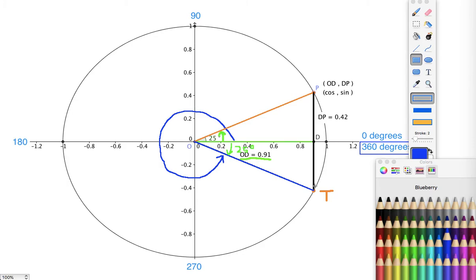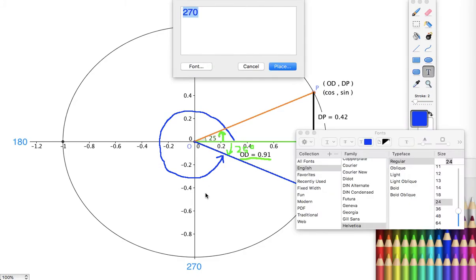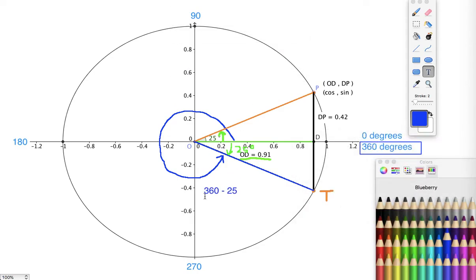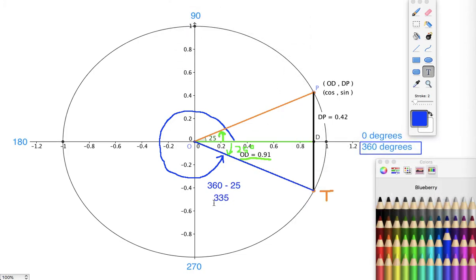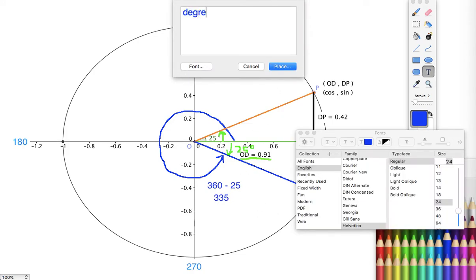It's a little bit less than 360 degrees. If we want to be exact, it is 360 degrees minus that 25, because if I had gone this extra 25, I would reach that 360. But I don't. I only go up to this purple line. So 360 minus 25 is 335 degrees.